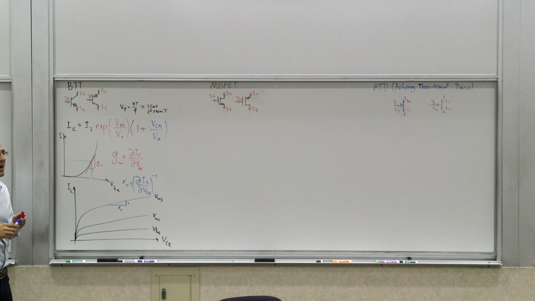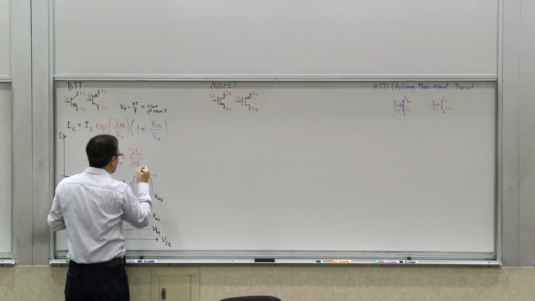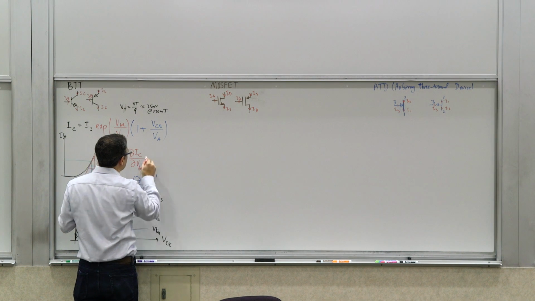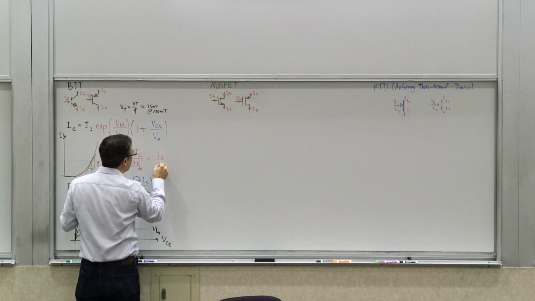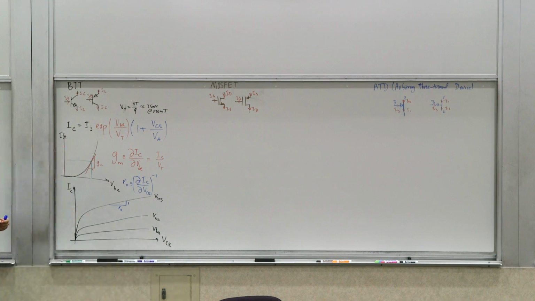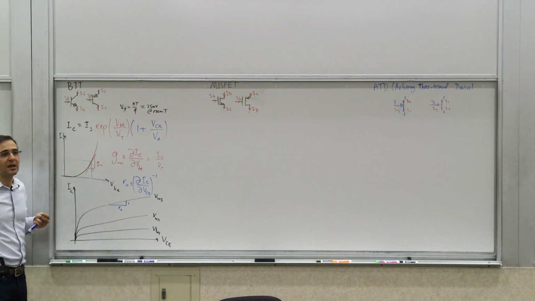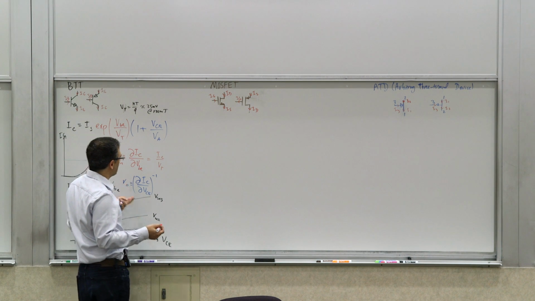Now, in terms of the size of the parameters, we talked about this. So GM, when you do the derivative, you can show it is basically IC over VT. So it's defined by the collector current. For example, for 1 milliamp, with 25 millivolts, it's 40 millisiemens. That's a good number to remember. So at 1 milliamp, it's 40 millisiemens.